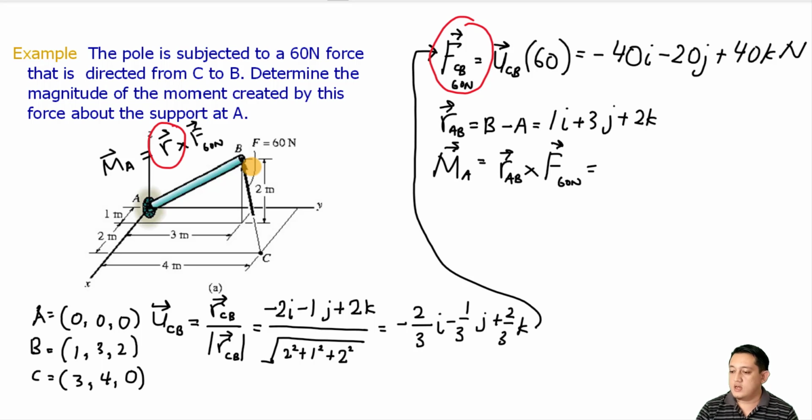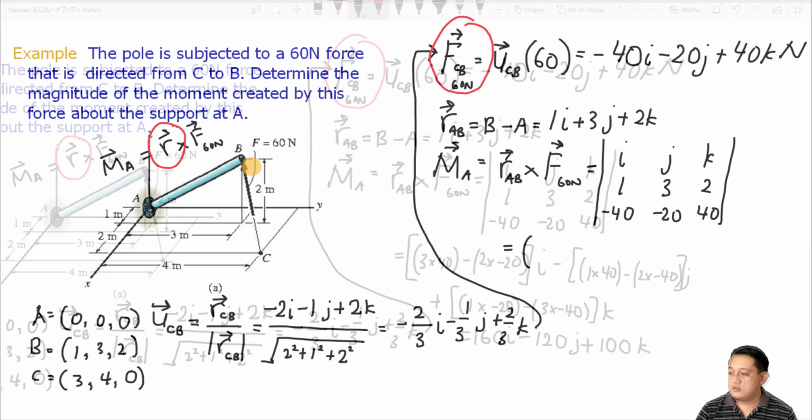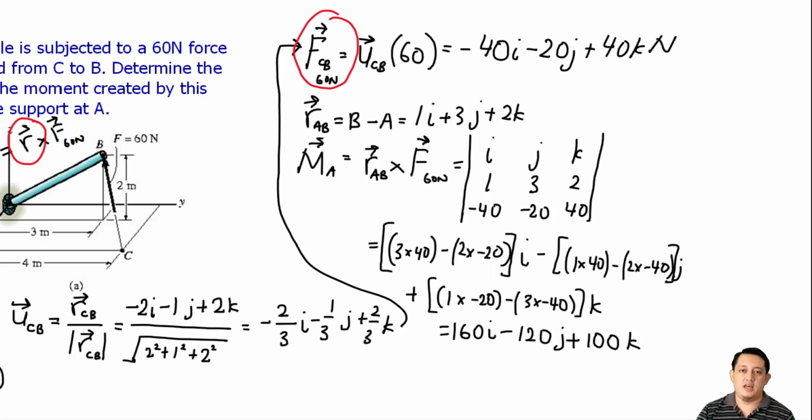This one here will be i j k, 1 3 2, negative 40, negative 20 and 40. Right now I've done the calculation.